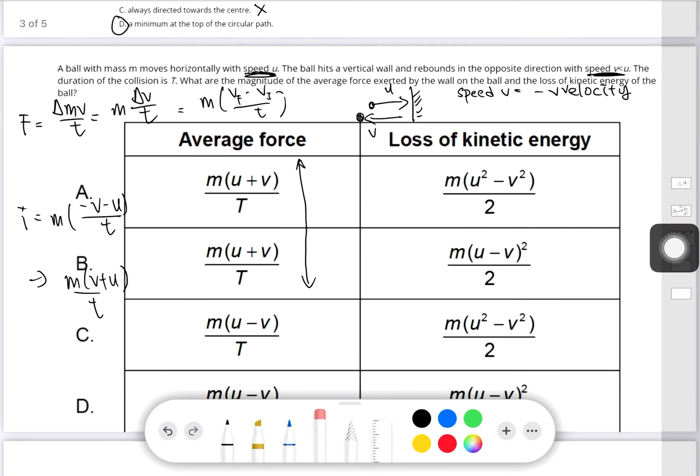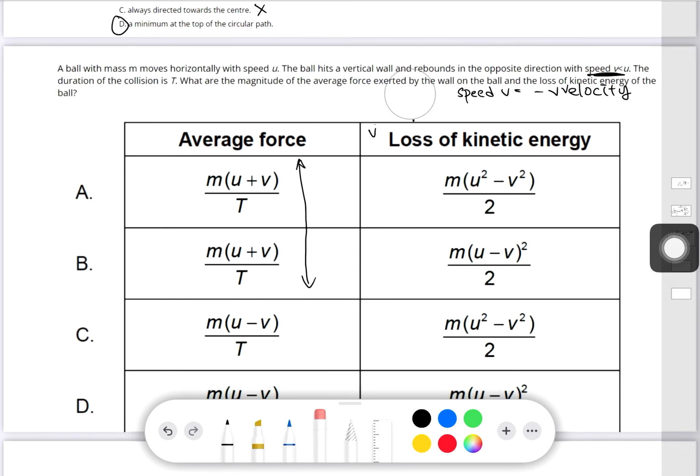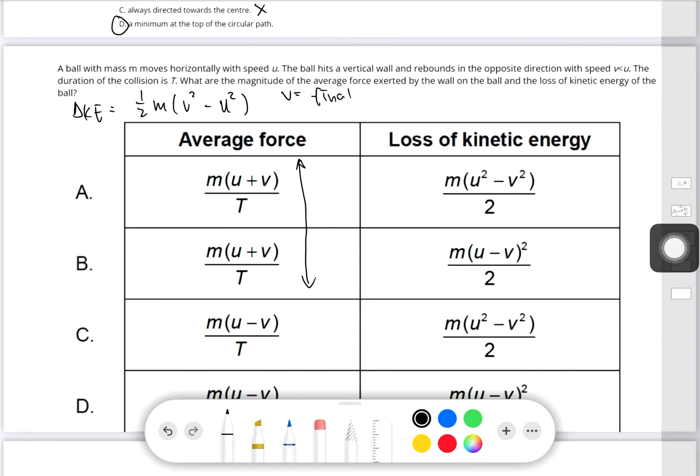So let's clear the stuff here first. Now, for the kinetic energy, the change in KE would just be 1 over 2 m times v squared minus u squared, where v is the final velocity and u is the initial velocity.